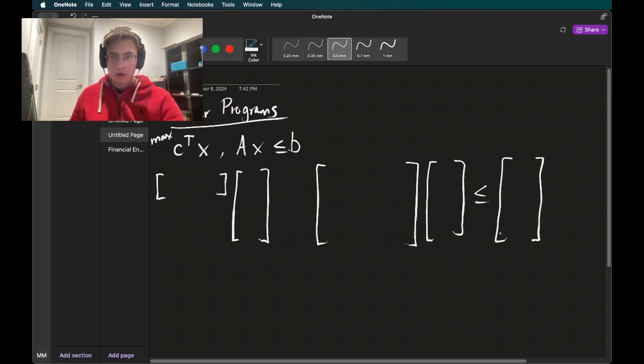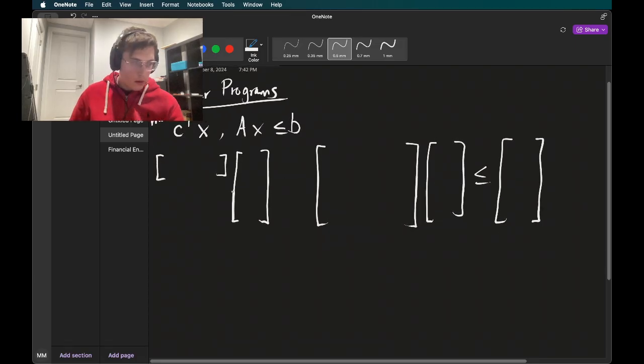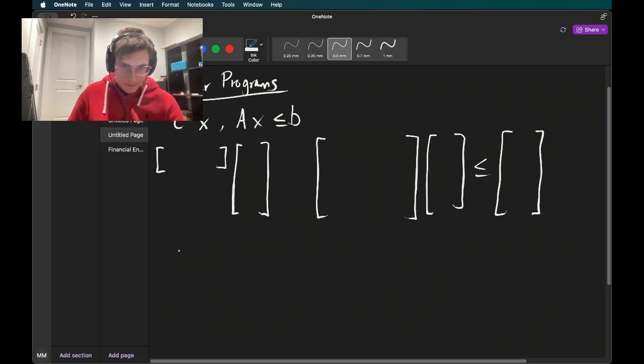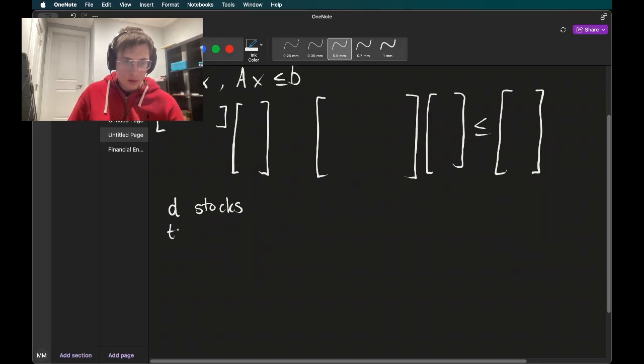Okay, so let's go over an example that was given in the course. So suppose you have, I think it was like D stocks. And then at t equals 0, you purchase some of them. The problem is called a hedging problem.